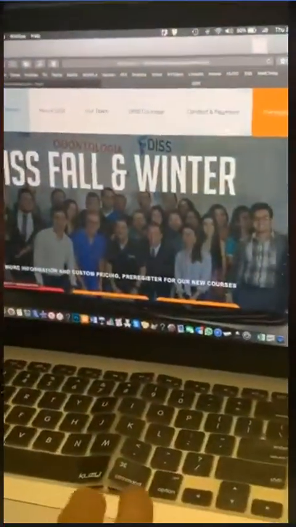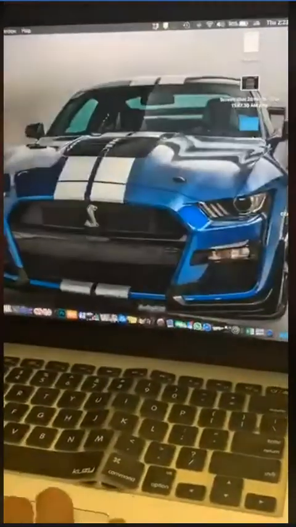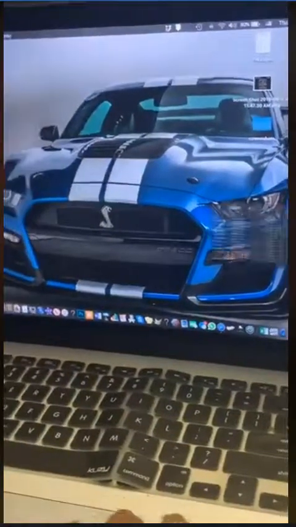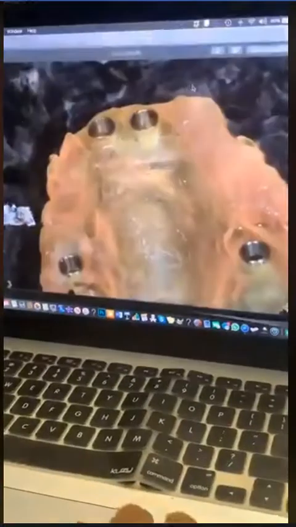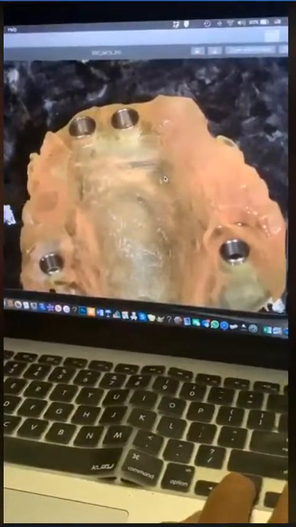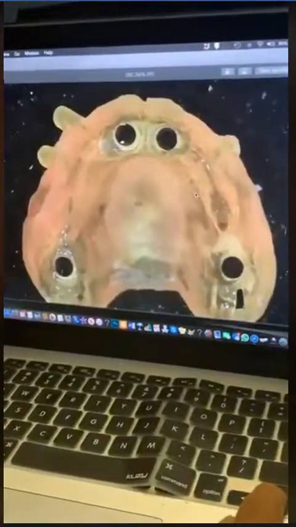Okay, so everything has its own computer and its own. So here is the guide that you just looked at, okay?